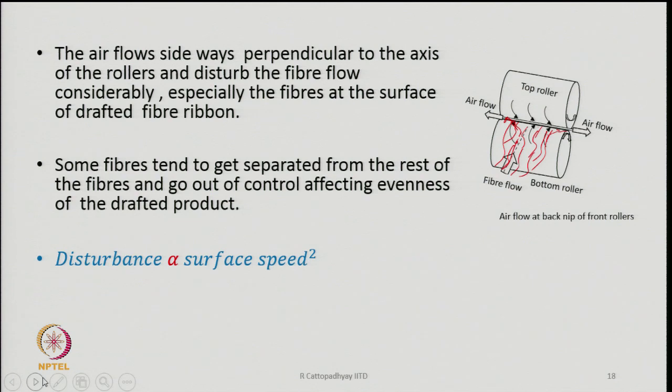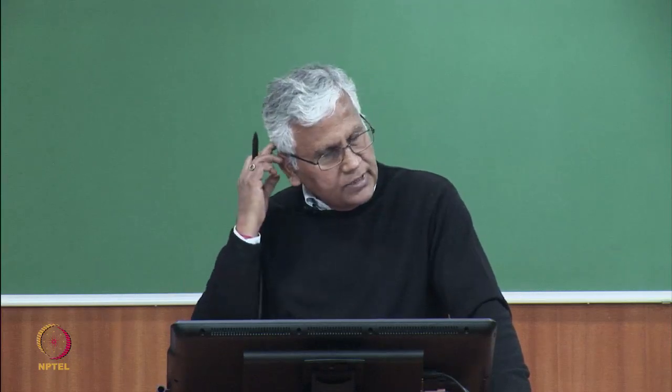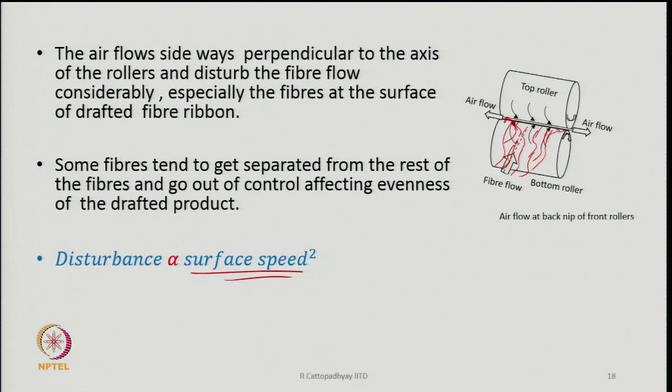The disturbance that gets created is proportional to surface speed squared. A small change in surface speed can make a big difference in the way the fibers behind the rollers are moving, and therefore, it can really affect the regularity of the yarn.